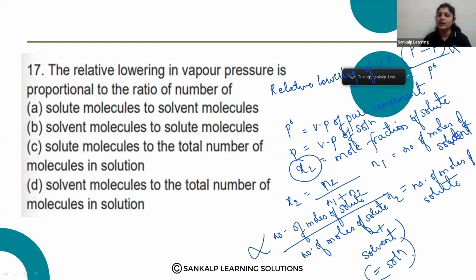Mole fraction is the number of moles of solute divided by the number of moles of solute plus solvent. Solute plus solvent is nothing but your solution. So which is the correct option?